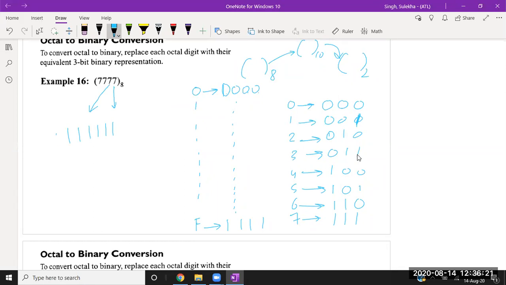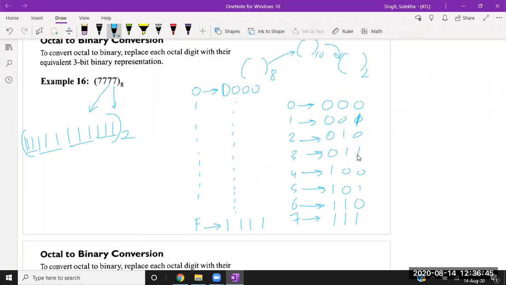Similarly for this 7 again 3 bits, and for this 7 again 3 bits. You write all these bits together, and this is your binary conversion. These 3 bits are for the first 7, these for the next 7, and so on.